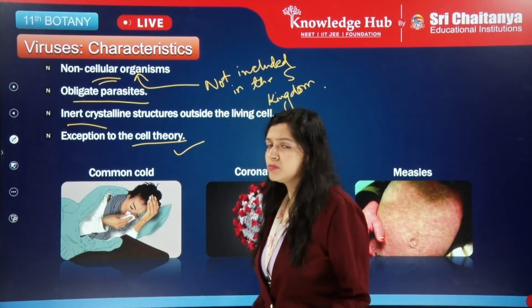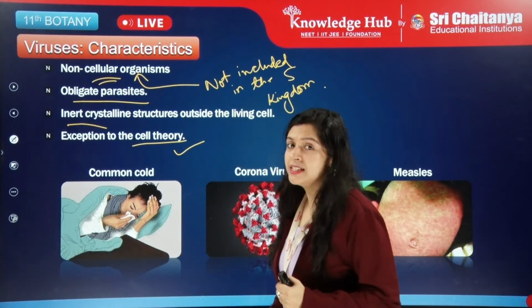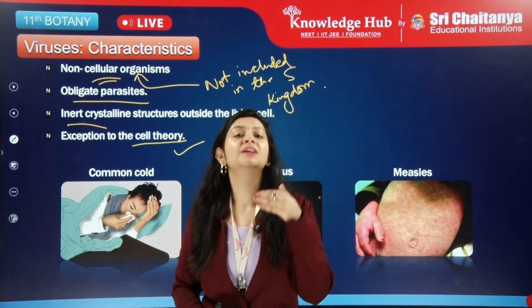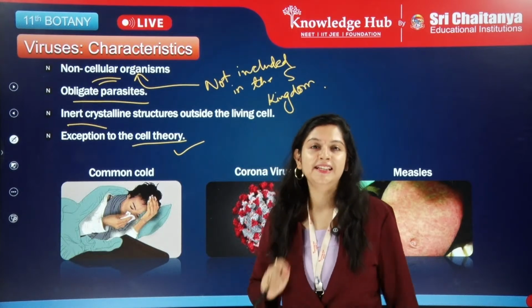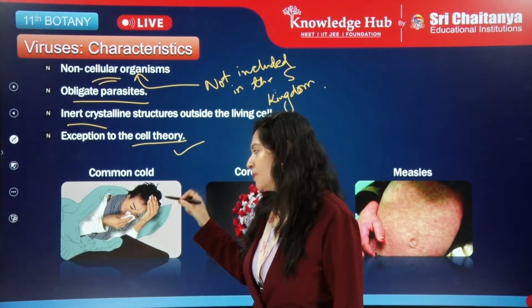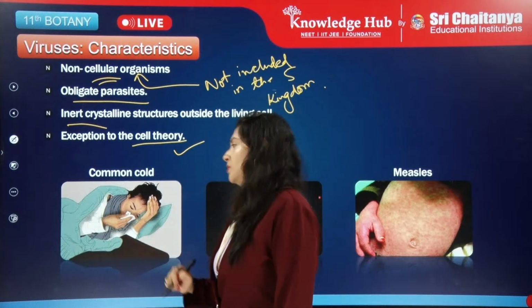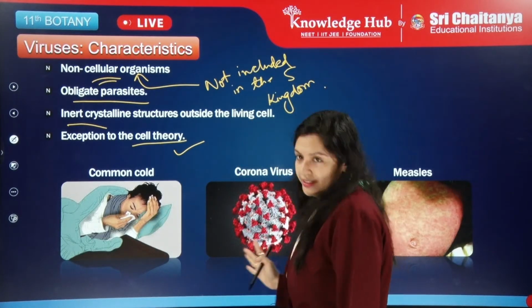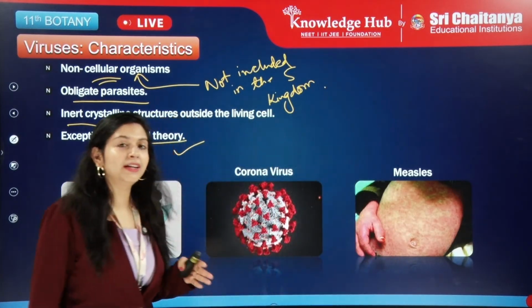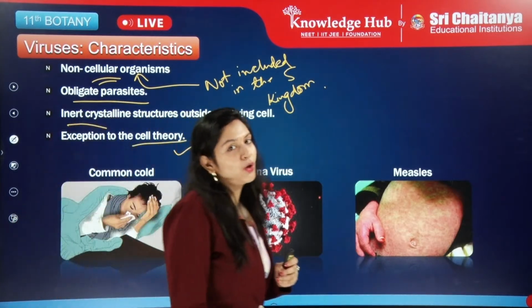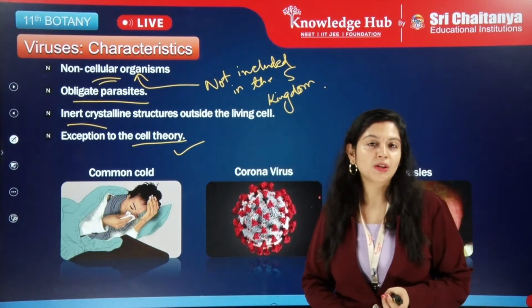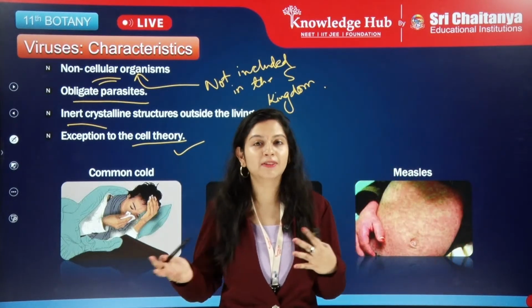Now, obligate parasites, we can see some of the viruses. Common cold is an example of a disease caused by a virus. COVID is caused by coronavirus. Measles, all these are caused by viruses. Now you all might feel that there is a sudden weather change.